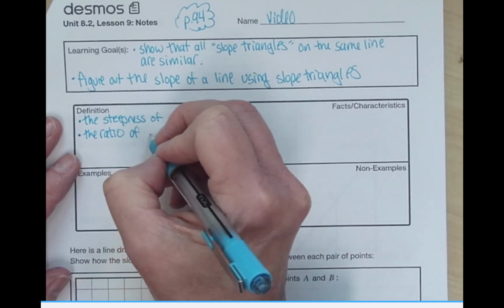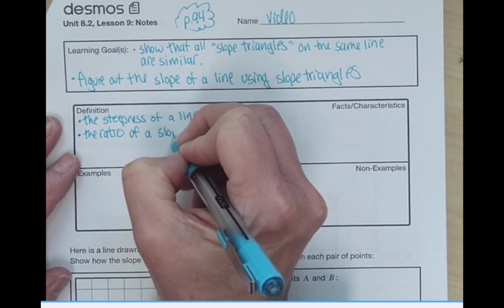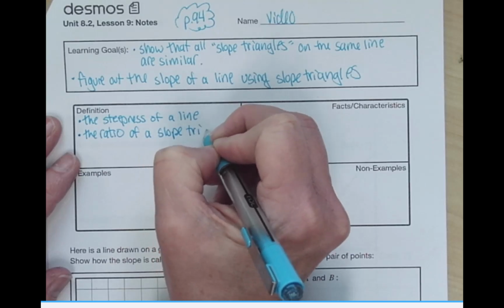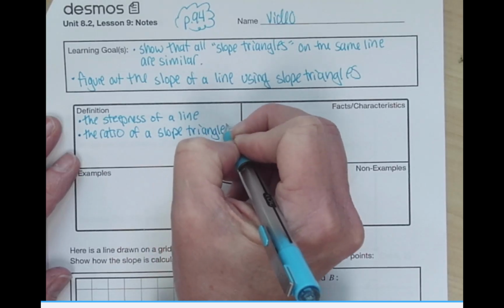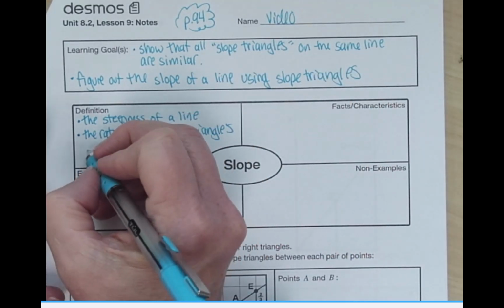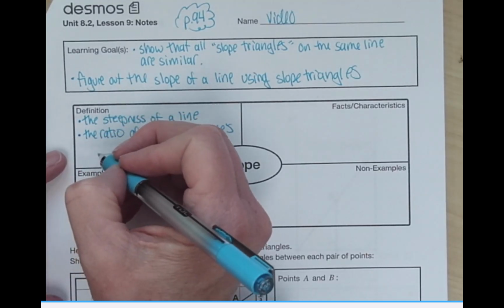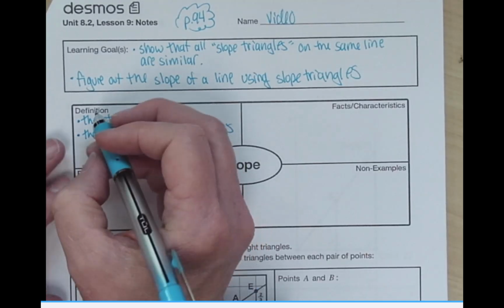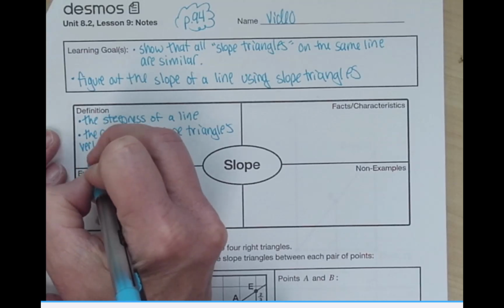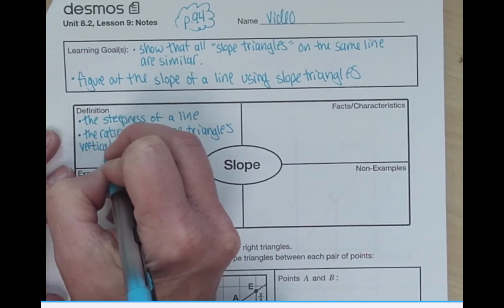The ratio of a slope triangle's vertical height and horizontal base. I'll show you what I mean. This will be better with pictures.